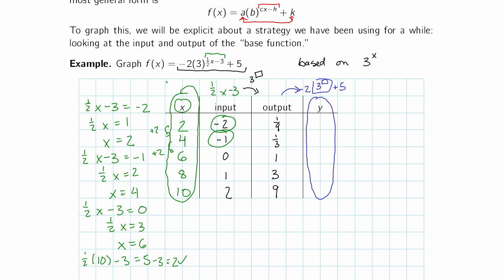To get the x values, we went from this column. So to get the y values, we're going to take -2 times this number plus 5, which, totally a job for a calculator, that gives us 4 7/9.